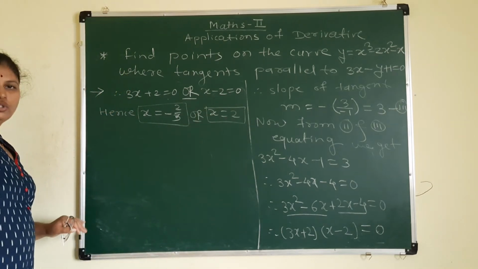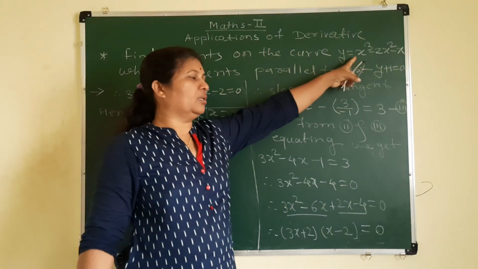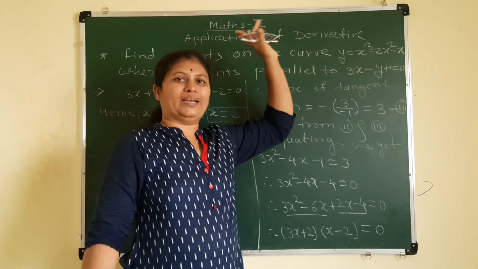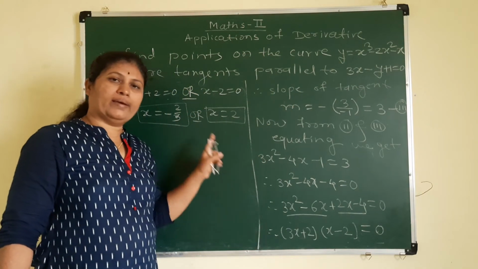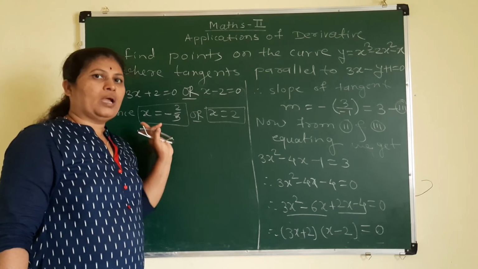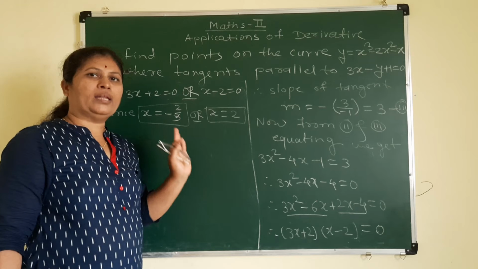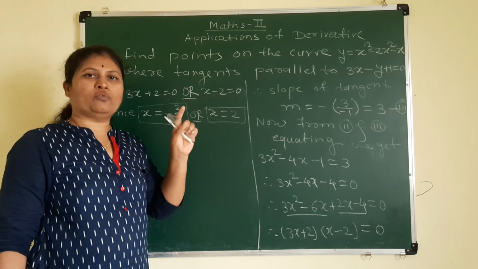These are the two values of x. By substituting these values in your equation of the curve, you will find the point of contact. Remember here, I get value of x, means what is obtained? I obtained the x coordinate of that point of contact.